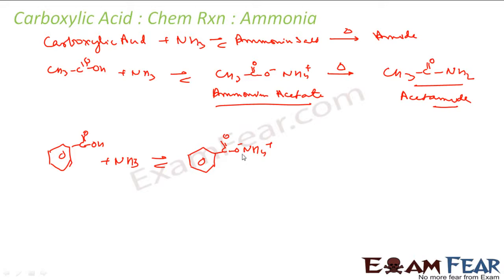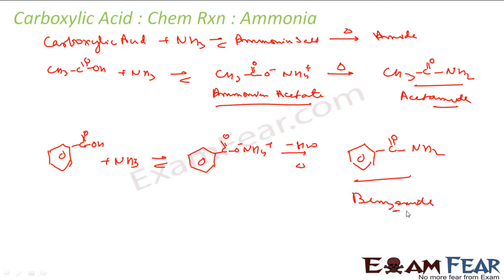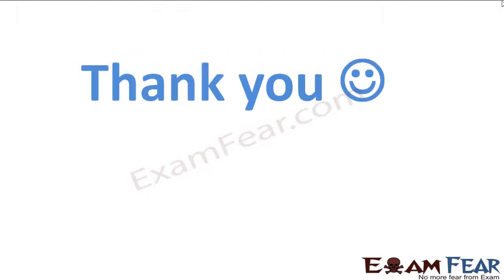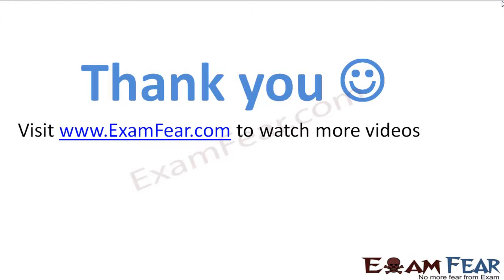This forms an ionic compound, and when you heat this, the water molecule goes off and it forms amide. This is my benzamide. And this is ammonium benzoate. Let me write it. Ammonium benzoate.